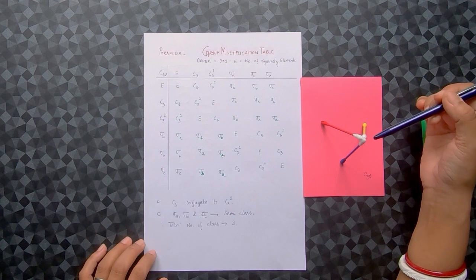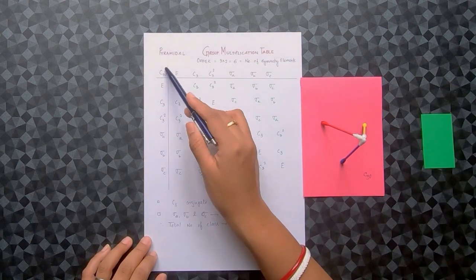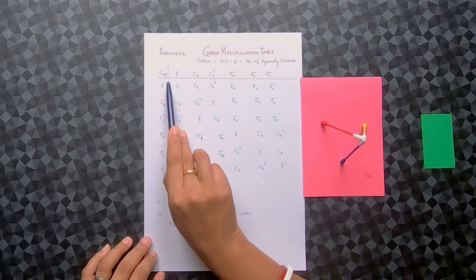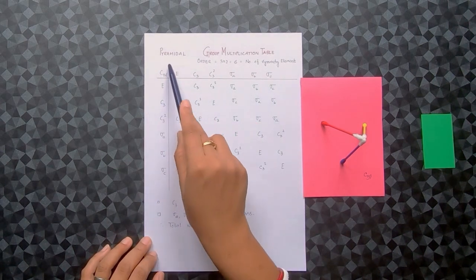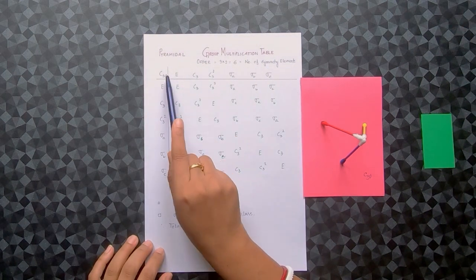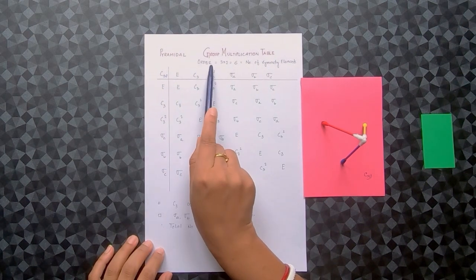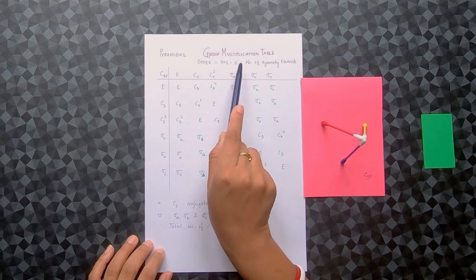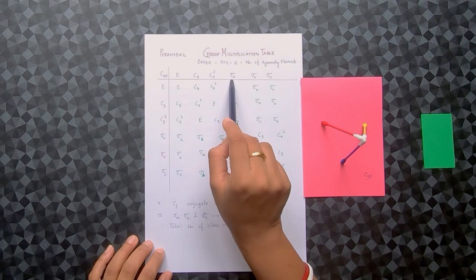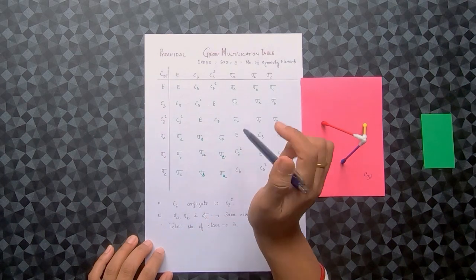The point group we have already derived is C3V, so we write its name at the intersection of the first row and first column. As we know, in C3V the order is 3 into 2, that is 6. Order 6 means it should have 6 symmetry elements.